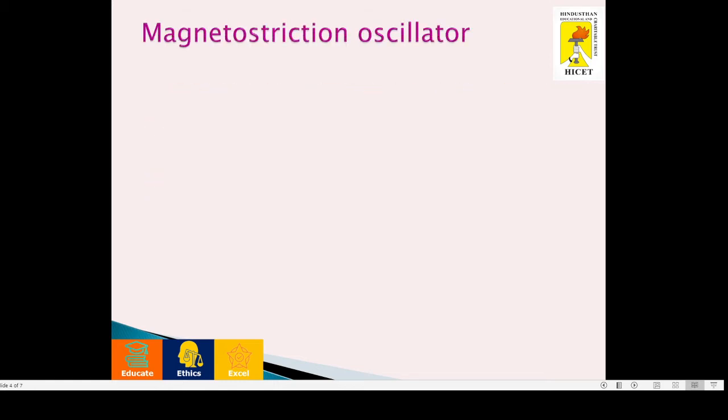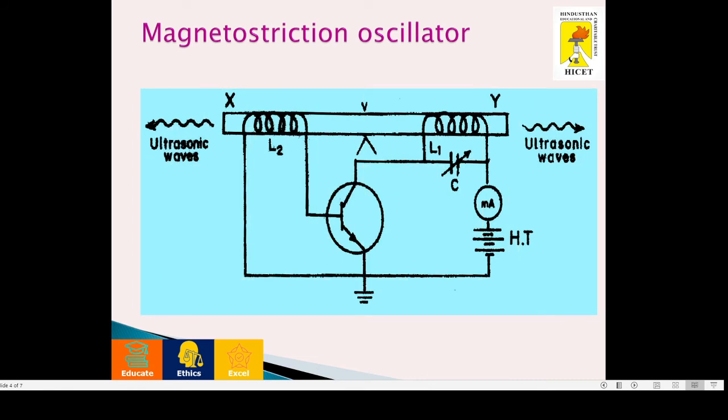The next one, the magnetostriction oscillator. Before that, we should know the construction. This is like an NPN transistor. We are using two coils, inductor coils L1 and L2. Inductor coil L1 is connected to the variable capacitor, a milliammeter, and a high tension battery.